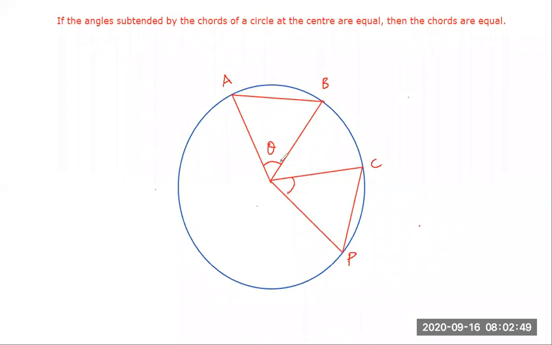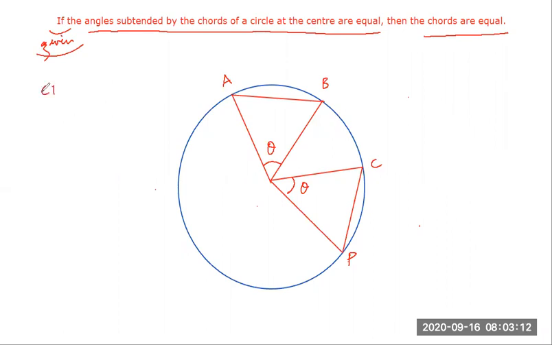I'm not taking theta 1, theta 2 because it's given that the angles subtended by chords of a circle at the center are equal. Then I have to prove the chords are equal, that AB is equal to CP.